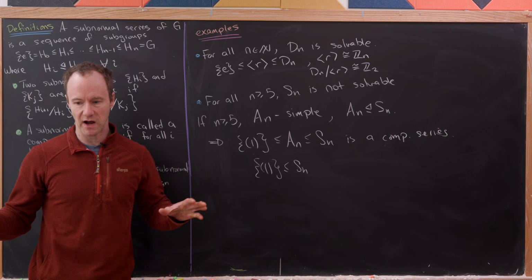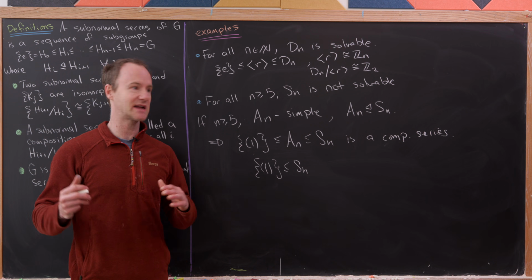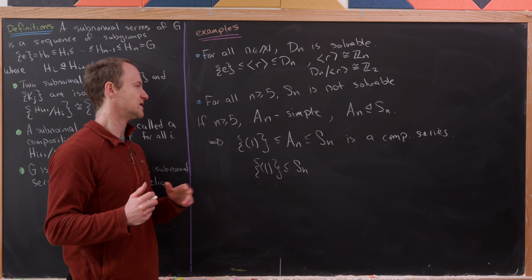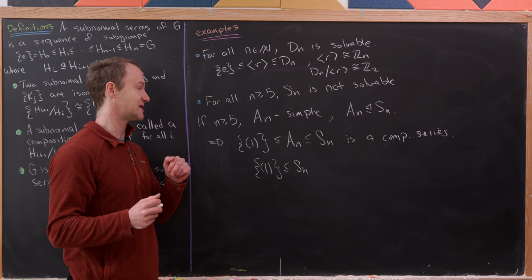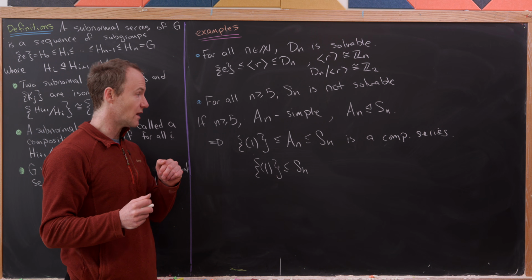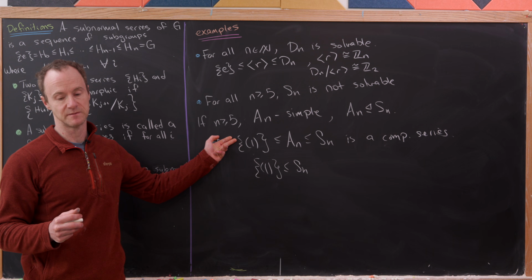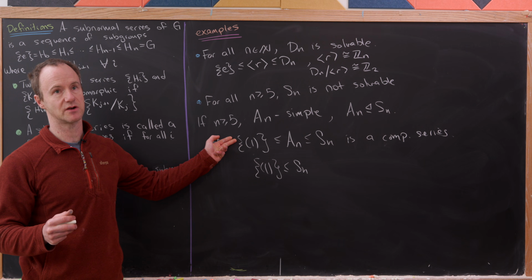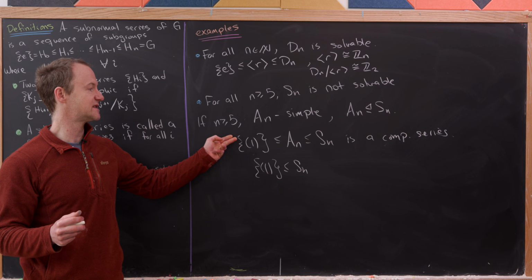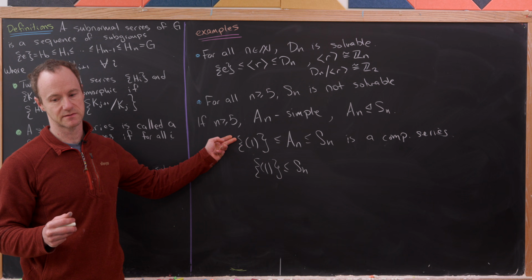Okay, so anyway, let's take a step back and see what we did here. Because A_n is simple, we know that this is a composition series. But then since composition series are unique up to isomorphism, this is the only composition series.